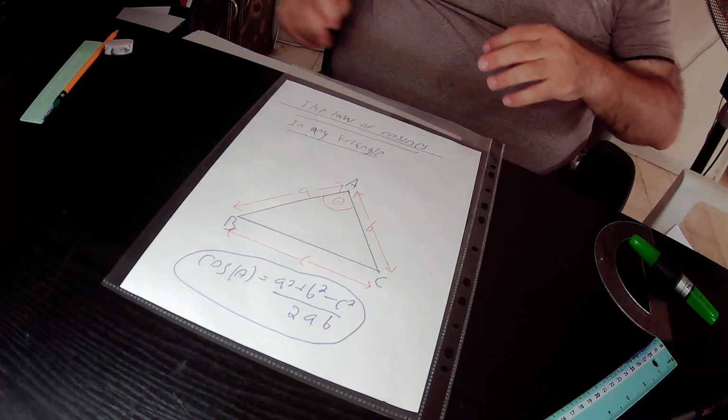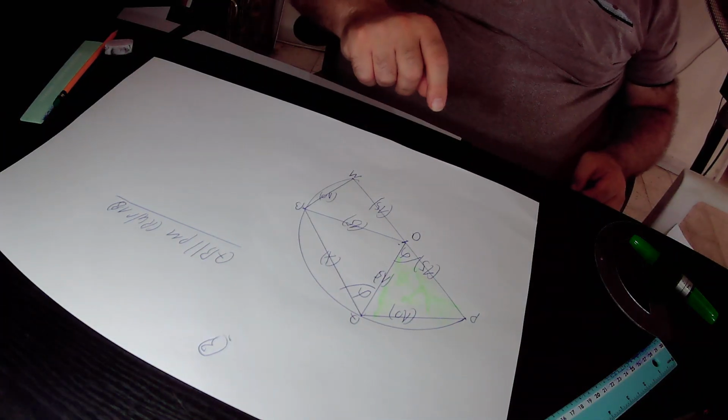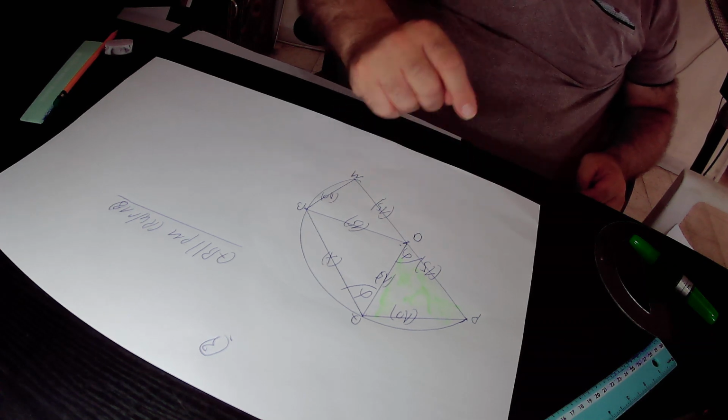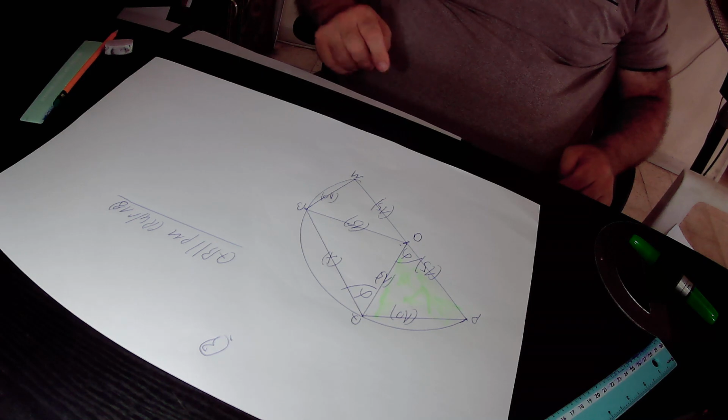So in the next step, we will implement the law of cosines on this green triangle, triangle POQ. So I copy this green triangle POQ in a new page, and we will implement on it the law of cosines.